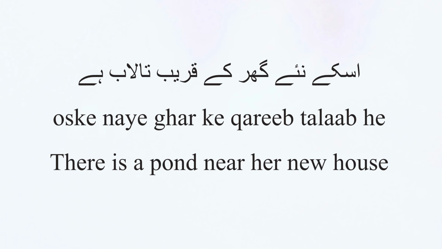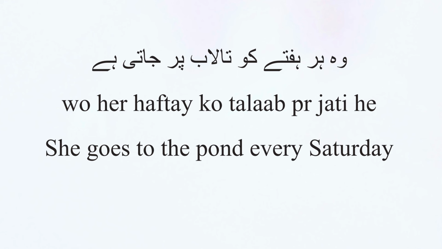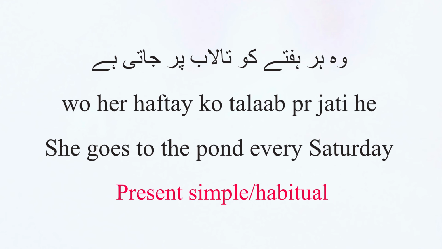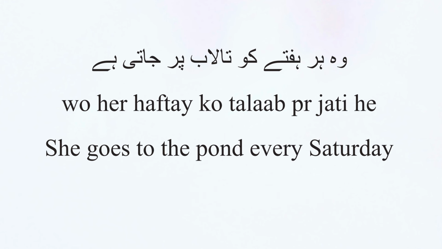उसके नए घर के करीब तालाब है. वो हर हफ्ते को तालाब पर जाती है. वो means she, हर means every. हफ्ते को means every Saturday. को is the postposition that comes with the days of the week. तालाब is a pond. पर means on. तालाब पर जाती है.